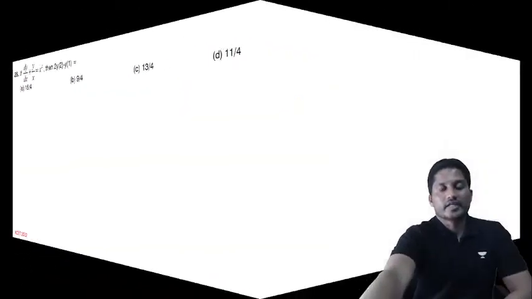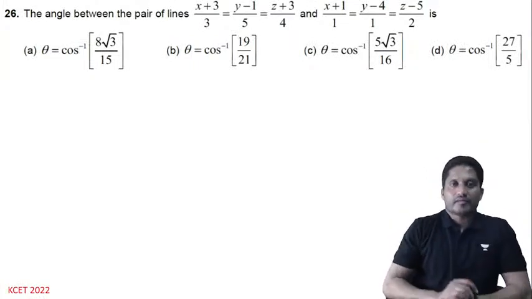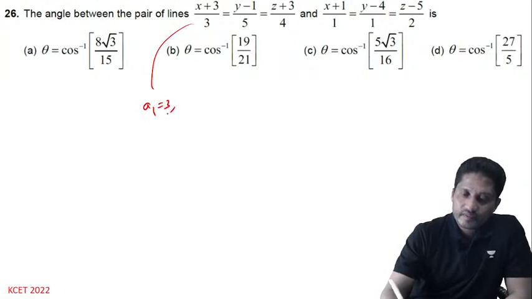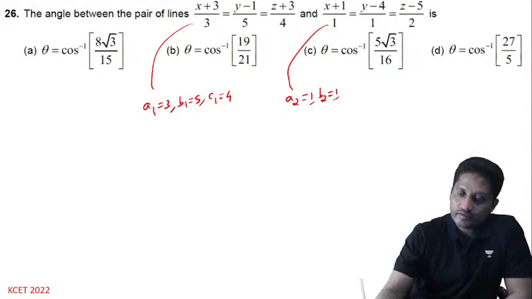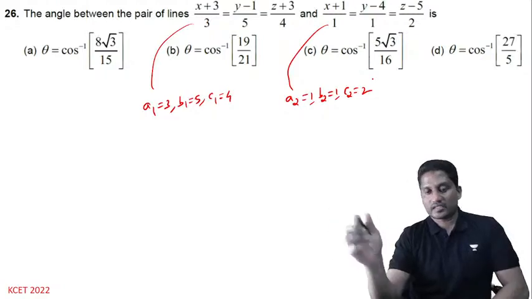Alright, question number 26. The angle between the pair of lines. See, DRs of this line are a1, b1 and c1, and DRs of this line are a2, b2 and c2. Angle between two lines is the same as angle between the DRs.